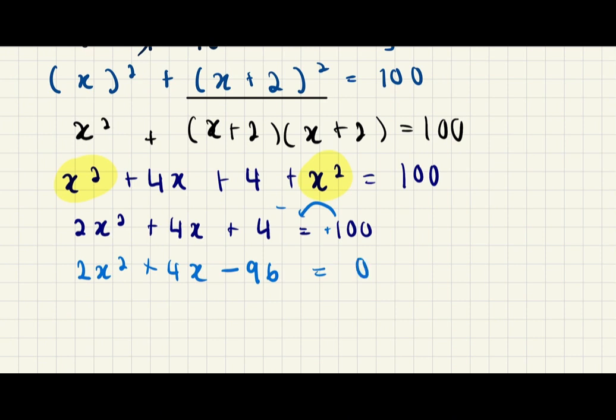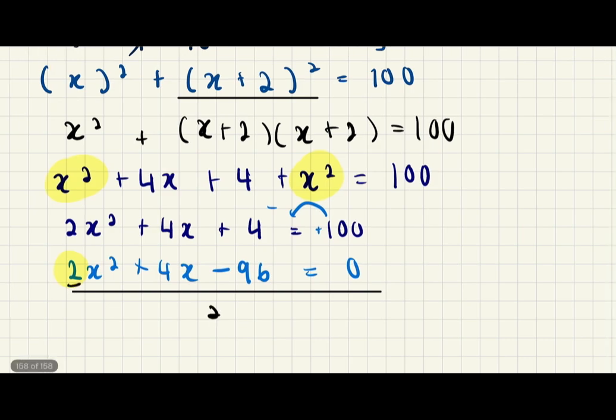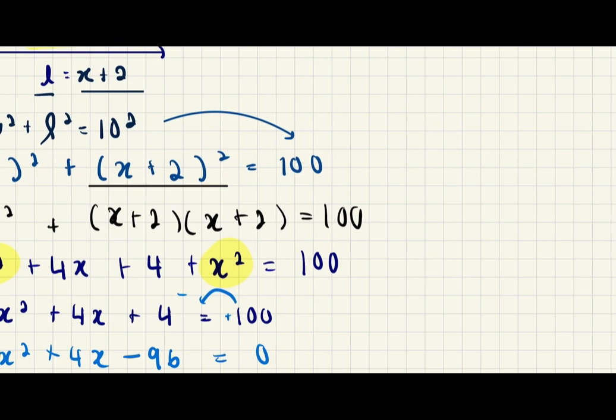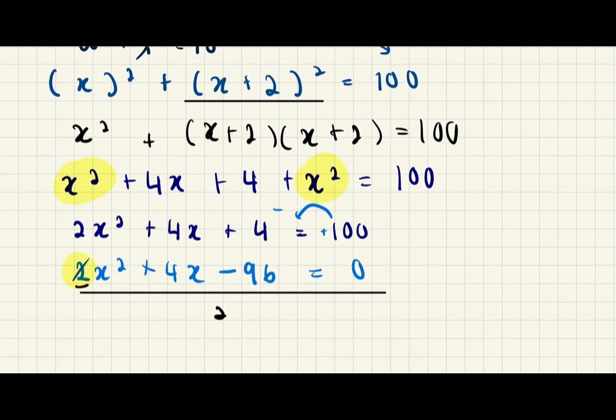Okay, so now what we do usually is we look at the front of x squared, as I said in the previous video, and get rid of the number in front of it. How do we do that? We divide the whole thing by the number, which is 2, so divide by 2. Okay, so now here 2x squared divided by 2, this one you just cancel.